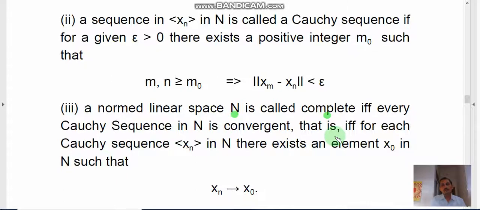That is, if and only if for each Cauchy sequence x_n in N there exists an element x_0 in N such that x_n tends to x_0, or the limit of this sequence x_0 exists and belongs to N. So any normed linear space is said to be complete if every Cauchy sequence is a convergent sequence.